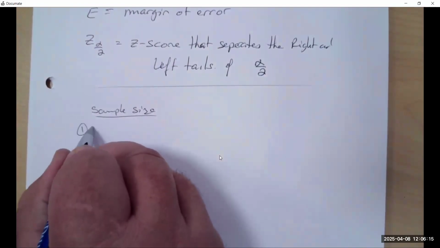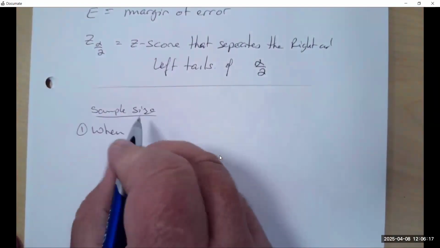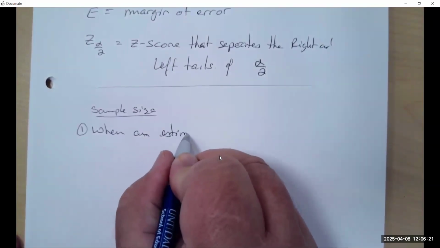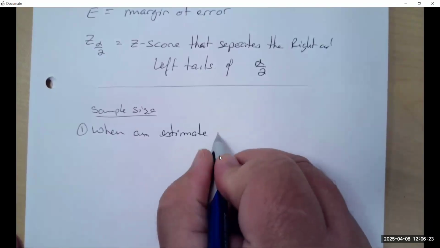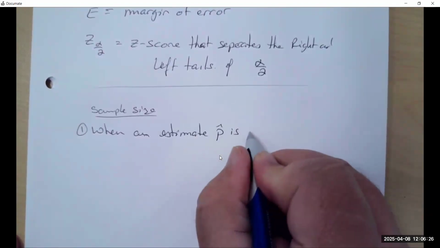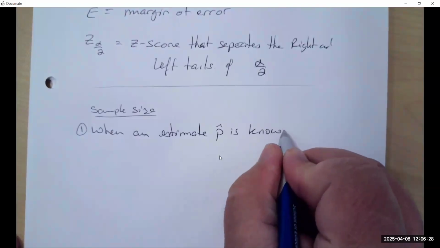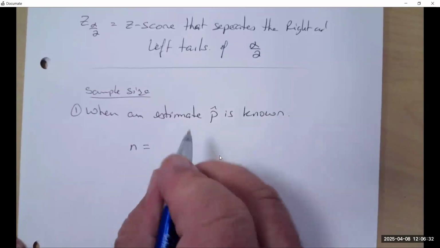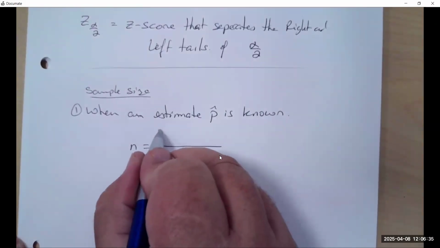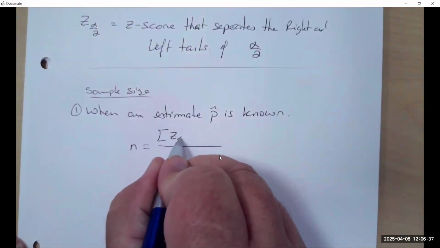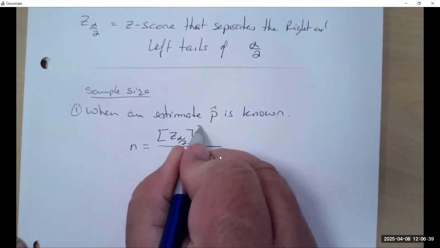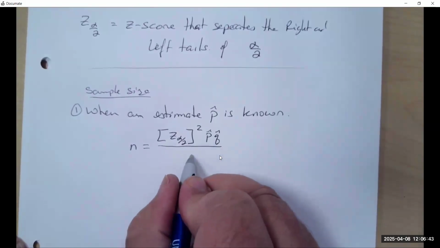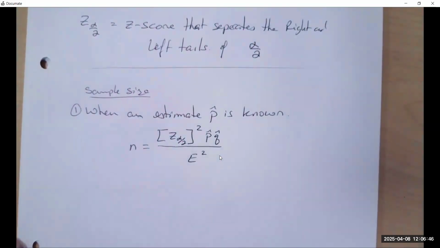First one. When an estimate P hat is known, the sample size is equal to the Z-score squared, P hat, Q hat over margin of error squared.